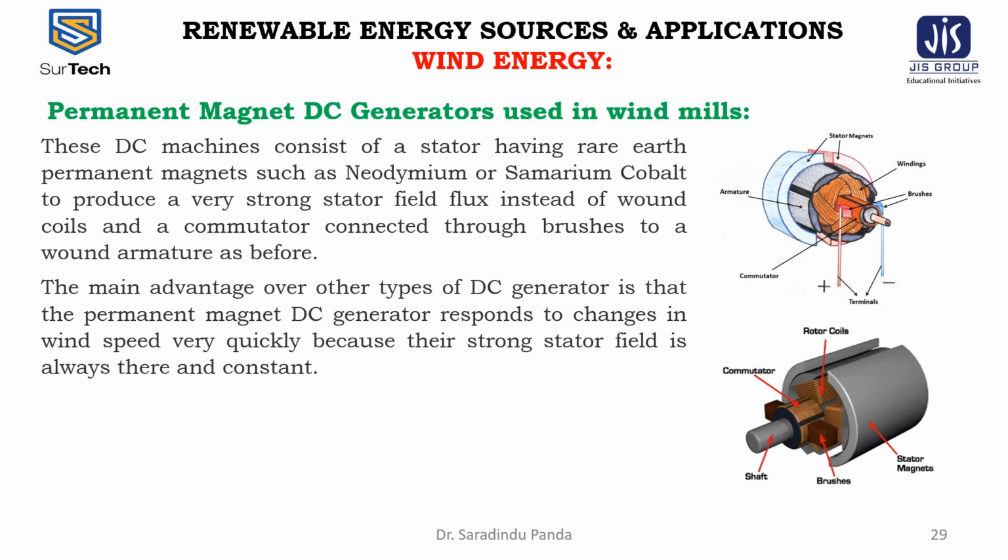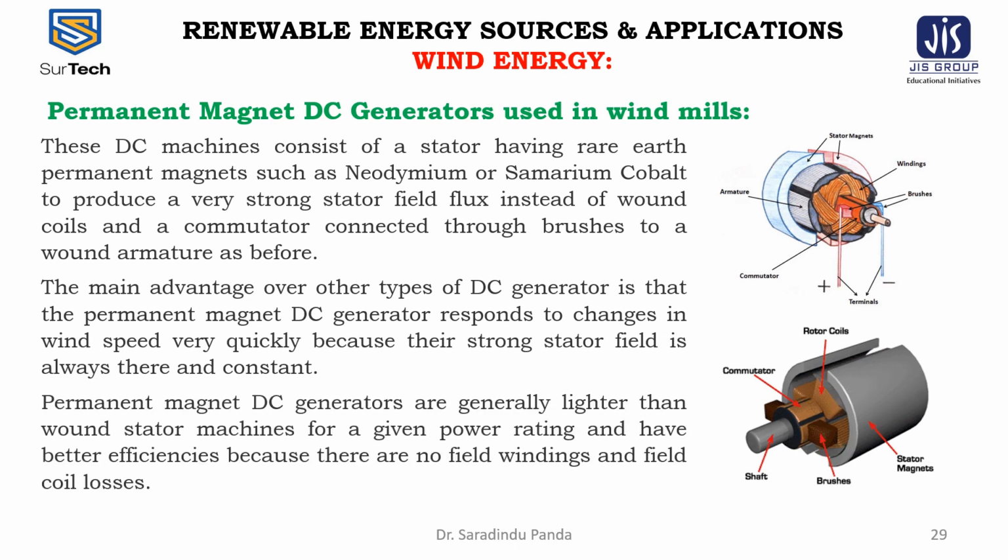The main advantage over other types of DC generator is that the permanent magnet DC generator responds to changes in wind speed very quickly because their strong stator field is always there and constant.